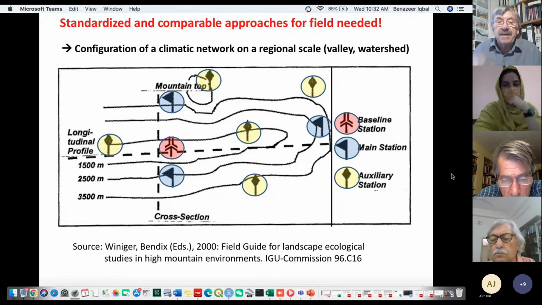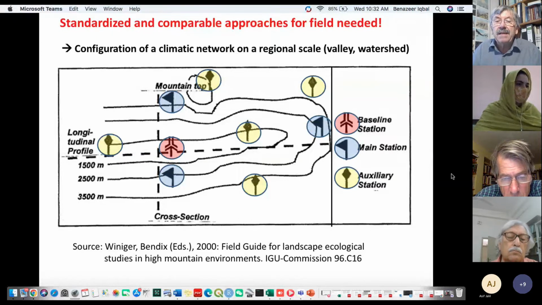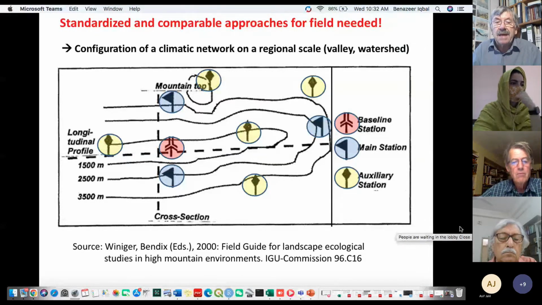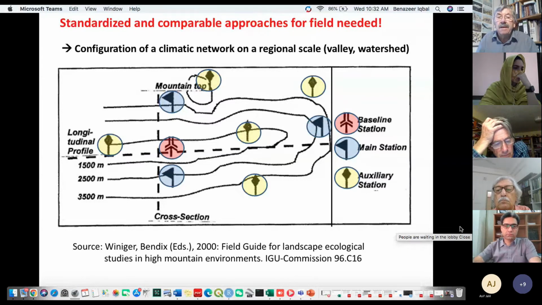This is this dashed line. You have altitudinal elevation curves, and it shows the topography. We have to make clear that for each bigger valley system, we need a so-called baseline station, which defines how to measure with what sensors this approach in the valley.